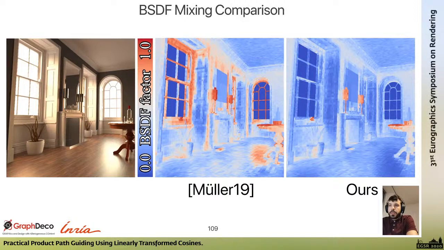In Muller's method, sometimes the directions are generated in the wrong hemisphere, especially in parts of the scene with varying normals. In our case, the normal of the surface is taken into account by the product, and as such we use path guiding for the most part of the scene.